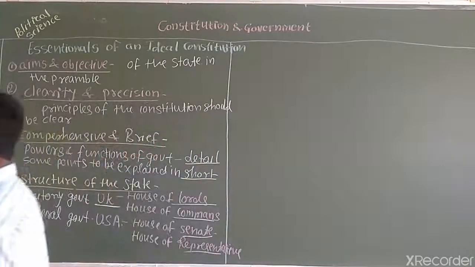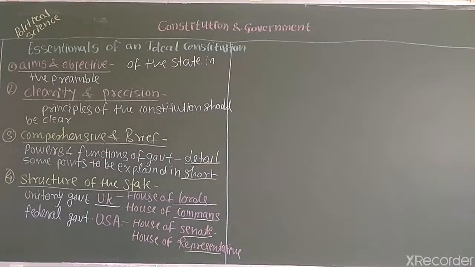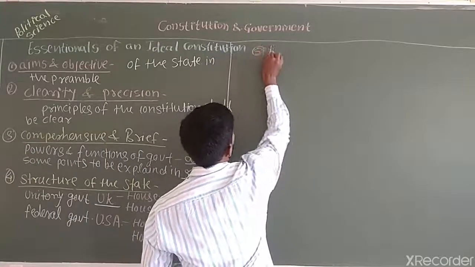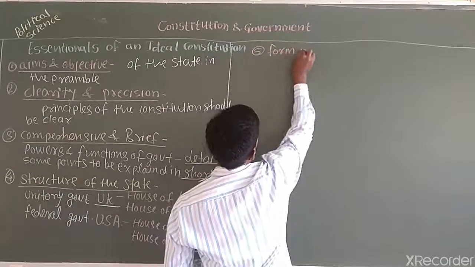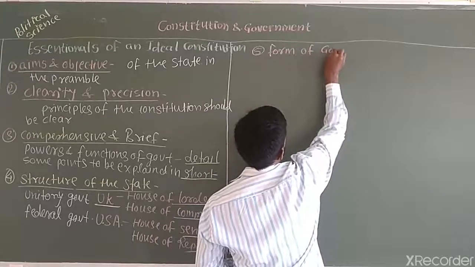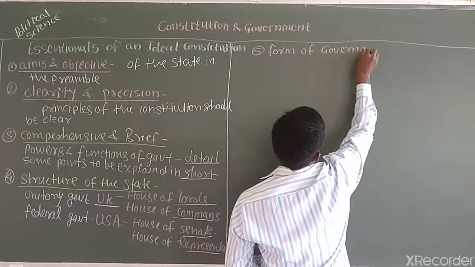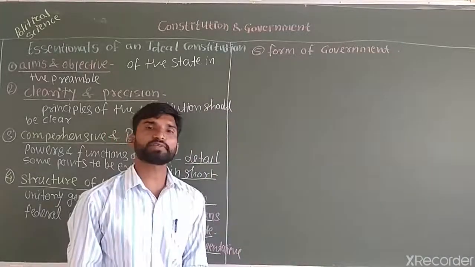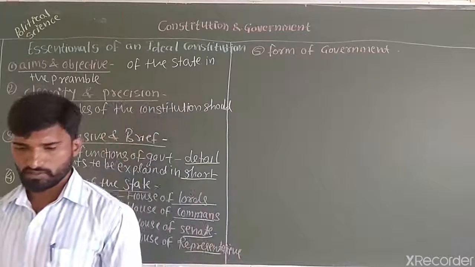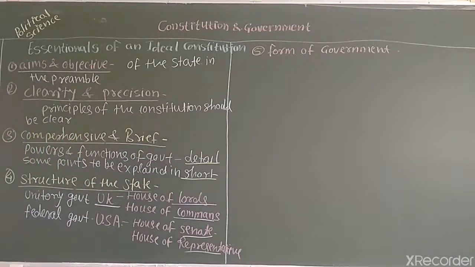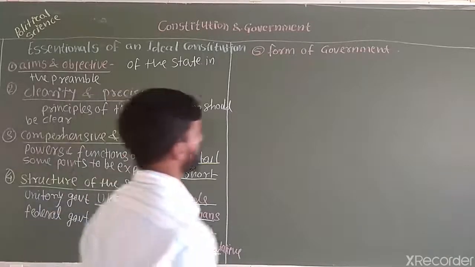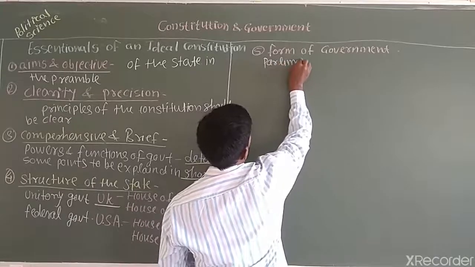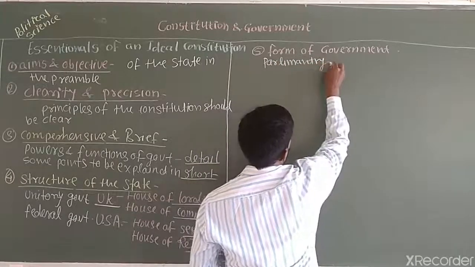Fifth point we can see, that is form of government. Now here, whether it is presidential or parliamentary form of government.